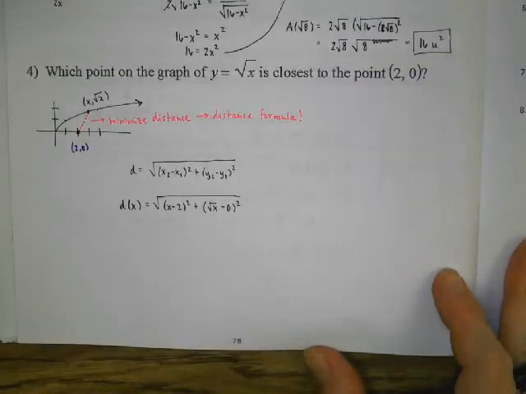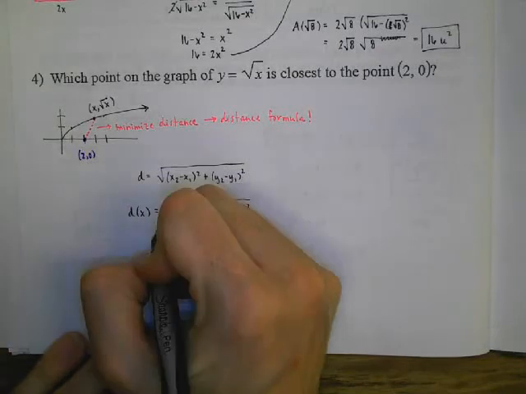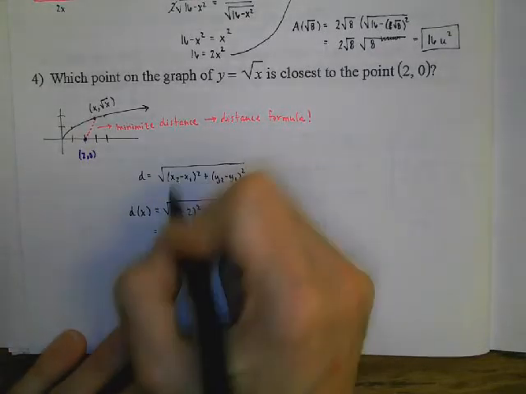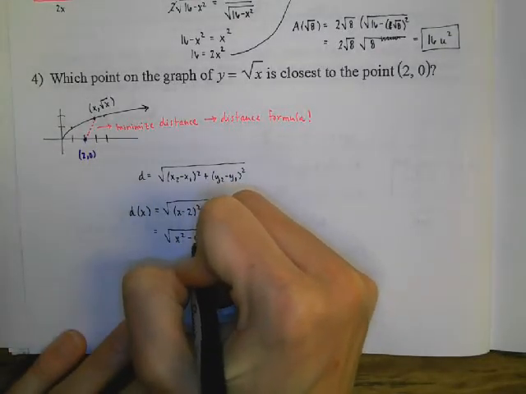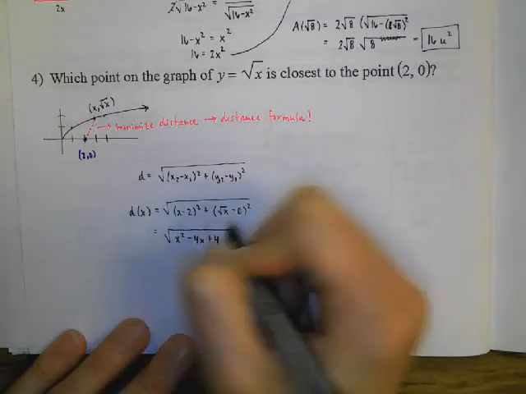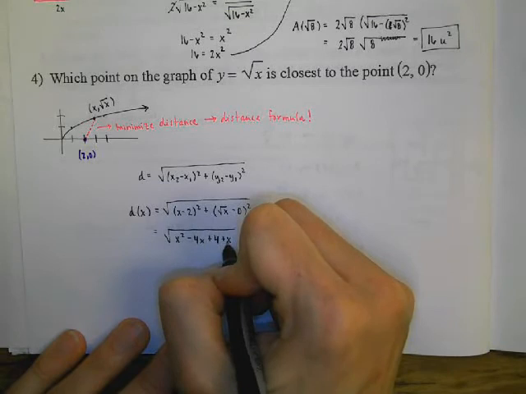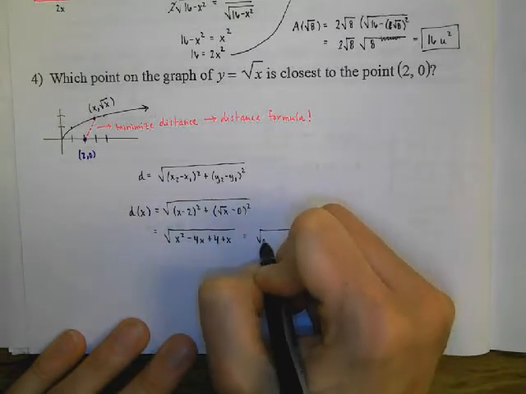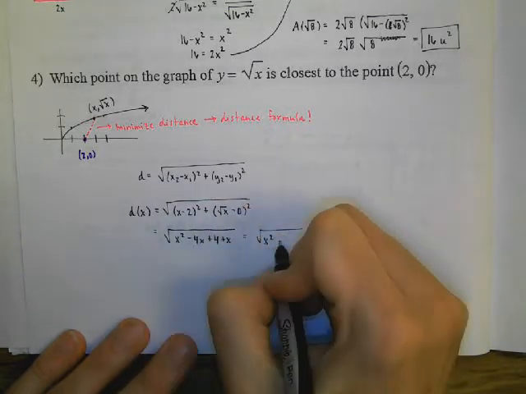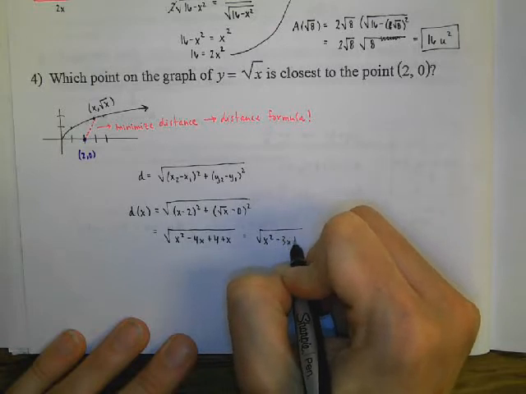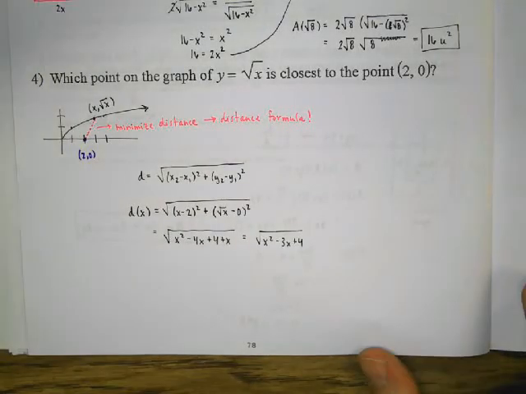So I'm going to simplify under the radical a bit. I'm going to get x squared minus 4x plus 4 plus, if I square the square root of x, I'm going to get x. So my function is x squared minus 3x plus 4 under the radical.